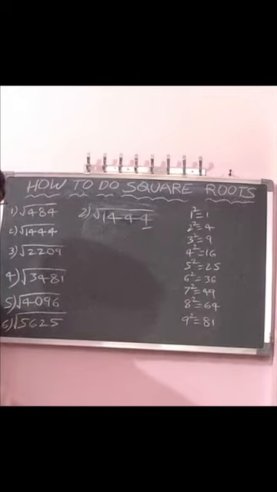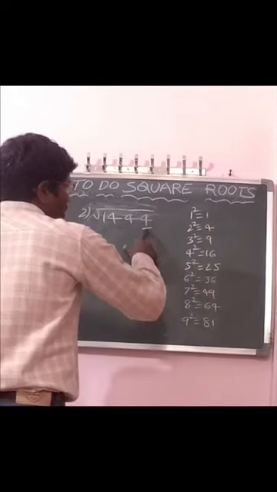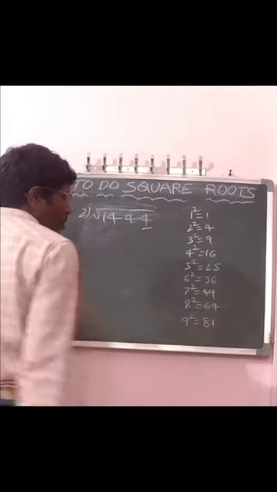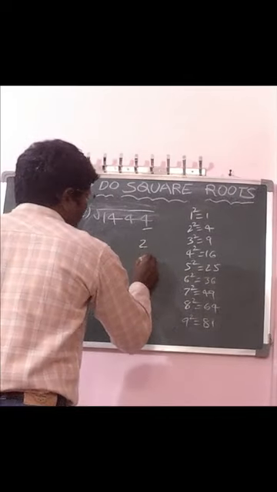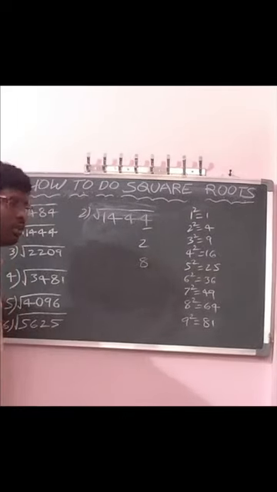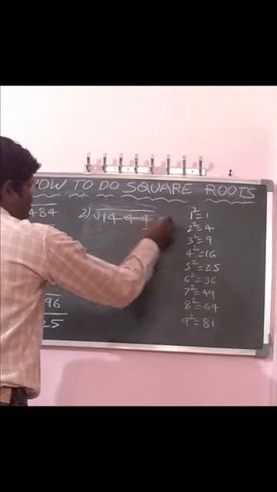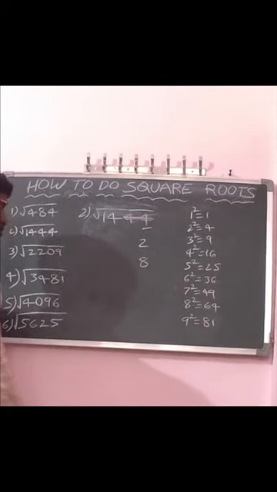So, we can compare the 4 with these square values. So, here 2 square is equal to 4 and 8 square is equal to 64. So, we can take 2 or 8 in the unit place. Now, we can cancel the last 2 numbers. The first step is completed.